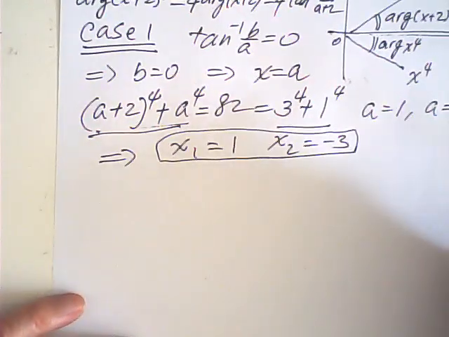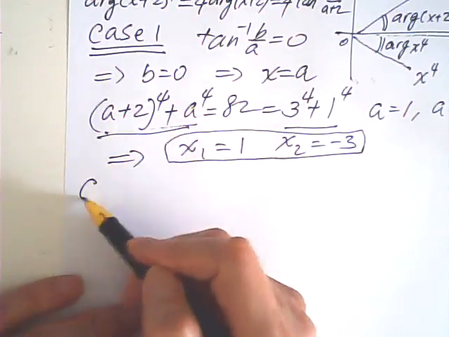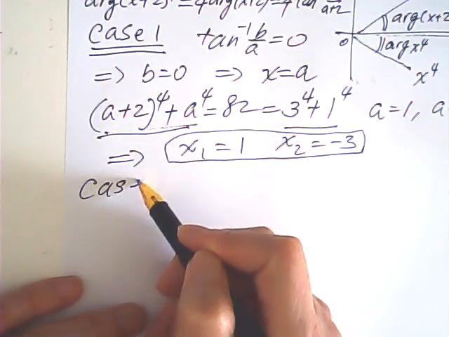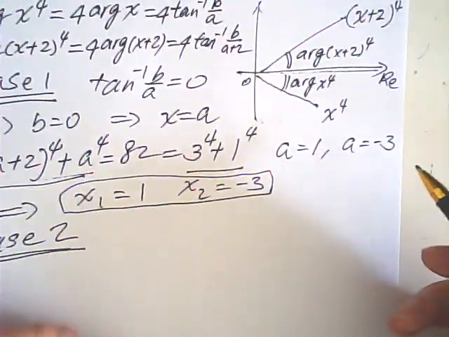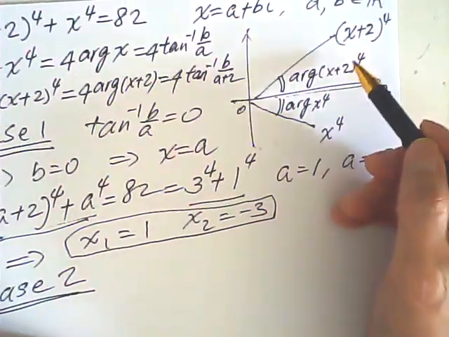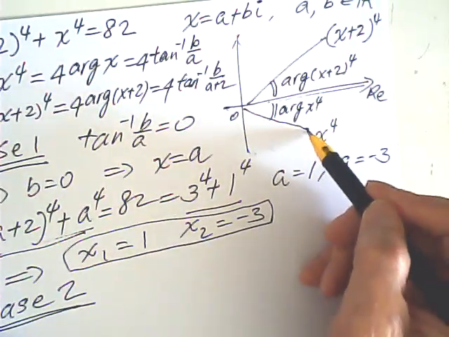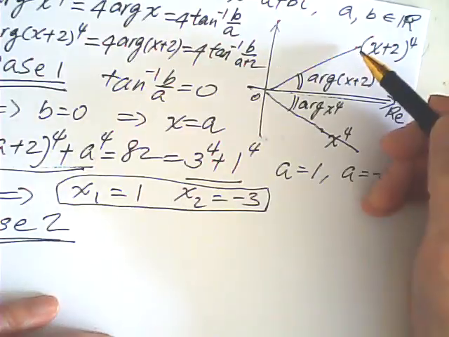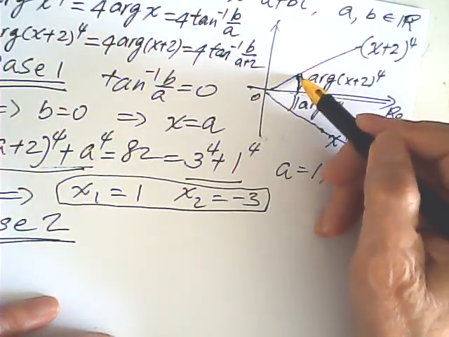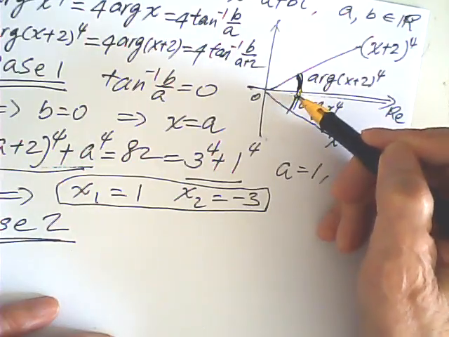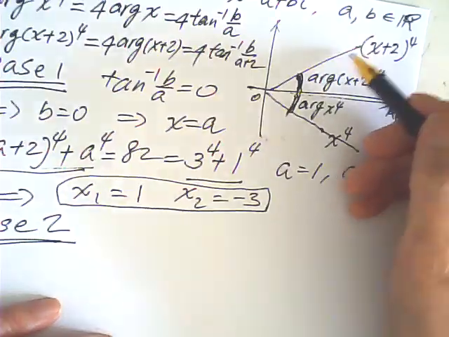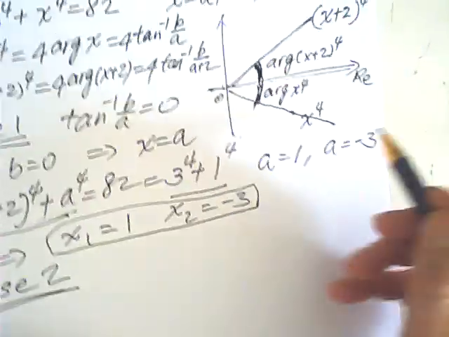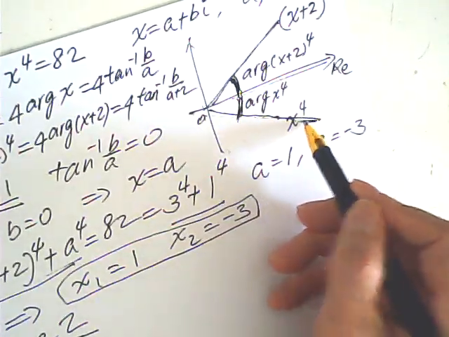Now case 2 is when these two complex numbers have the same angle, and this modulus is equal to this modulus.